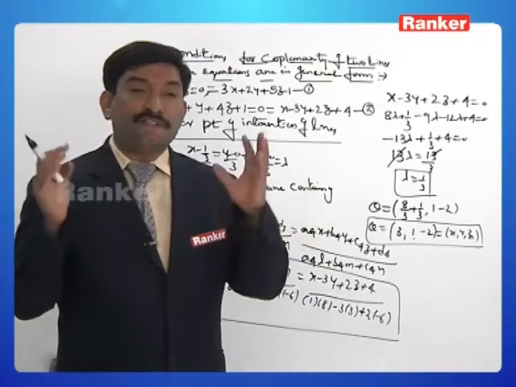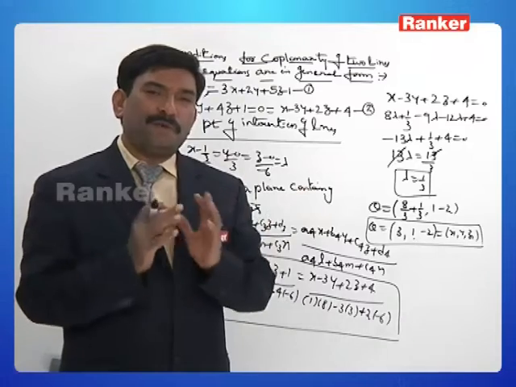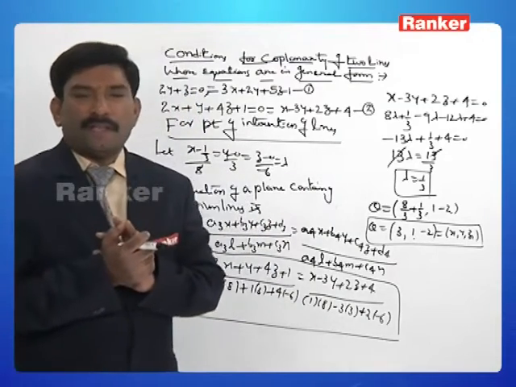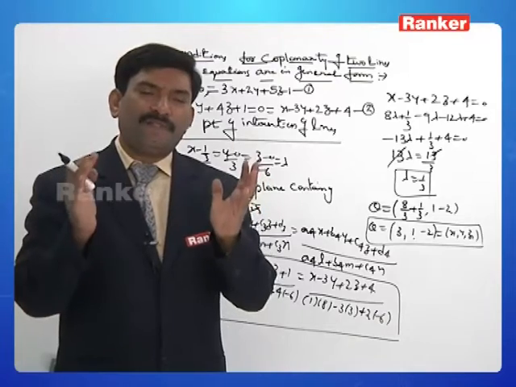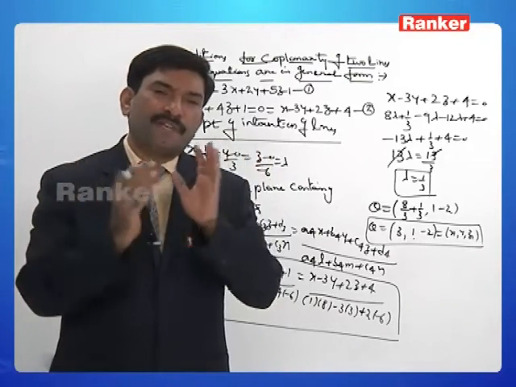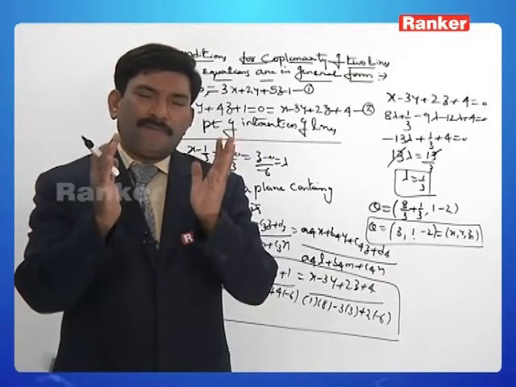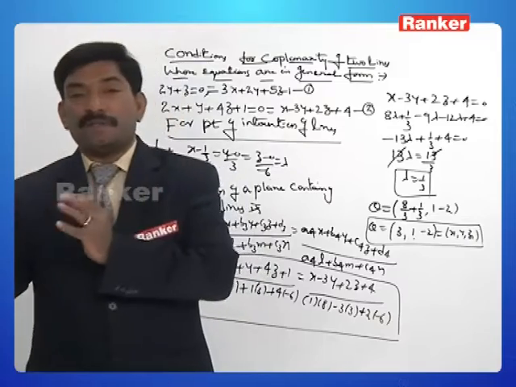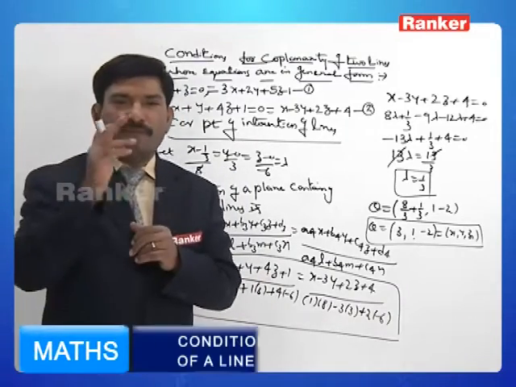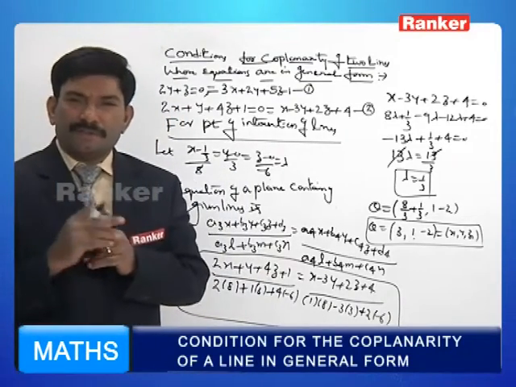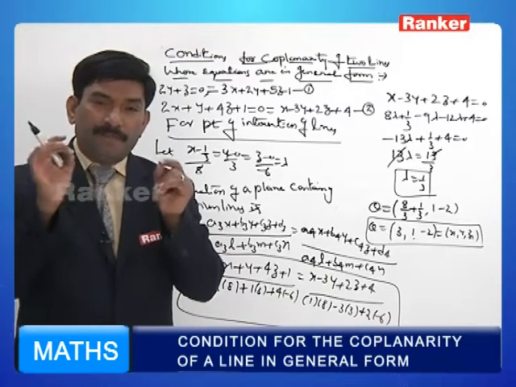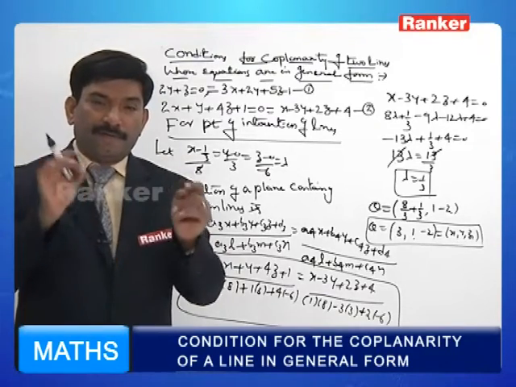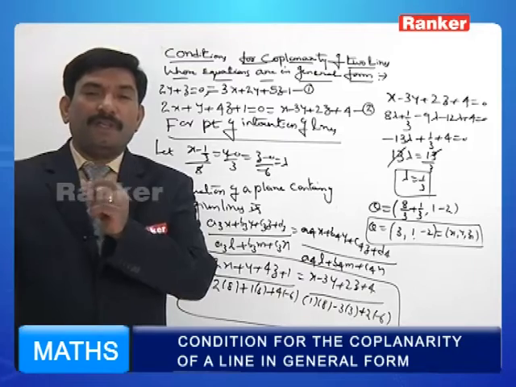This is how you can show when lines are given in the general form that they are coplanar. The first and foremost condition is that the 4 cross 4 determinant with rows A1, B1, C1, D1; A2, B2, C2, D2; A3, B3, C3, D3; and A4, B4, C4, D4 is equal to 0.